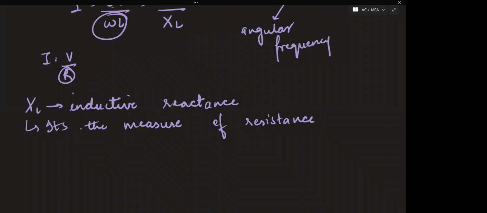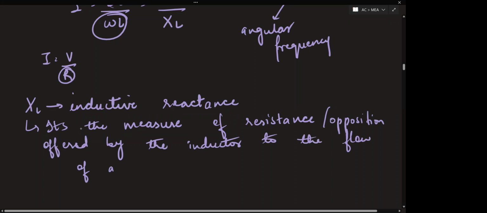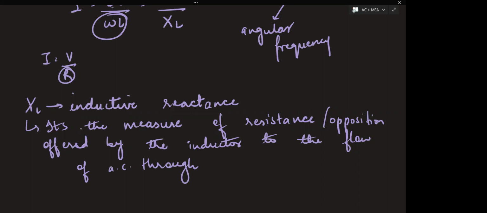So it's the effective resistance, or you can say opposition also, offered by the inductor to the flow of AC through it.